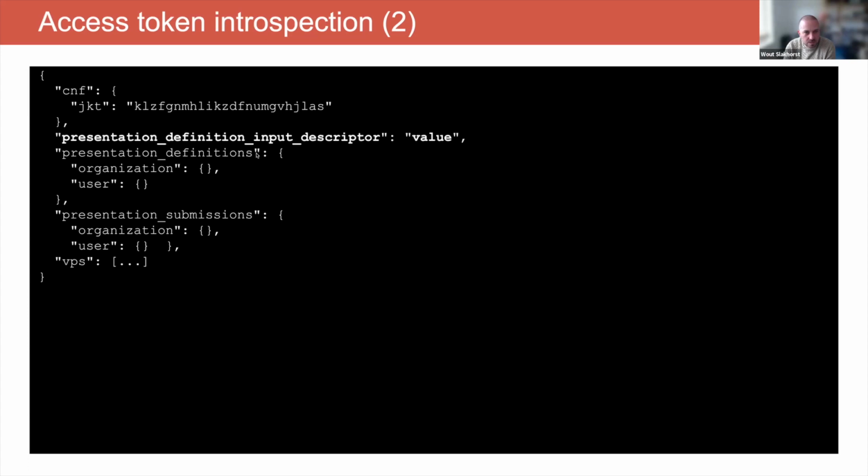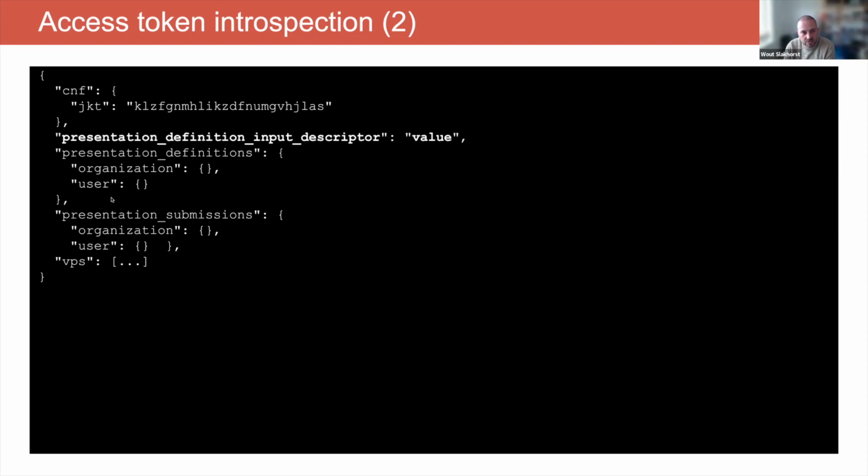Then there is something interesting in this bold field. I'll talk about that in a minute. And you will get all the presentation definitions, presentation submissions, and verifiable presentations that were used in the entire OpenID4VP flows, plural.